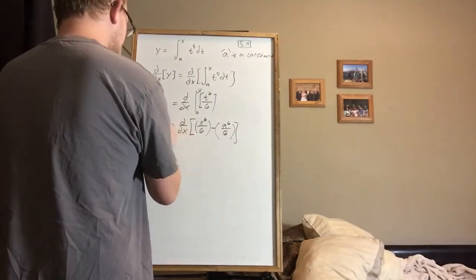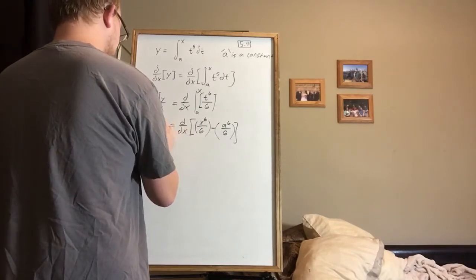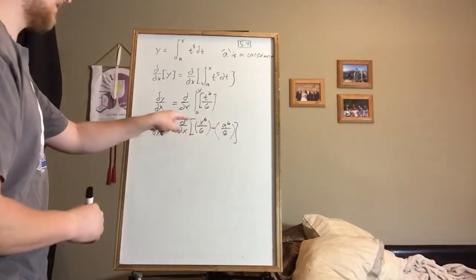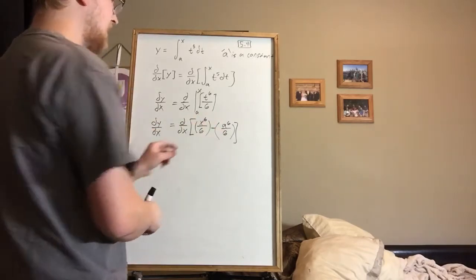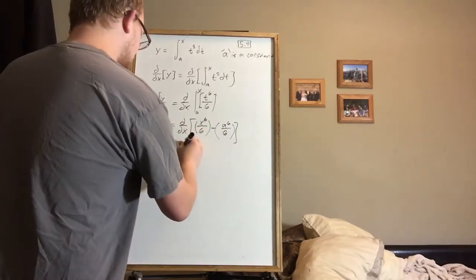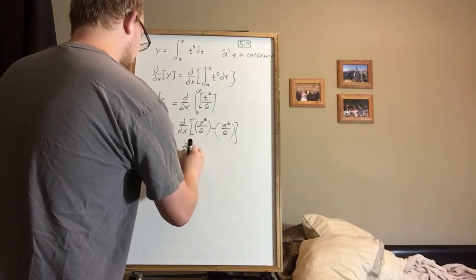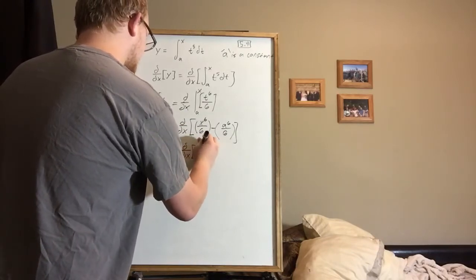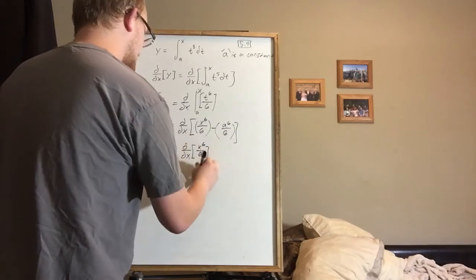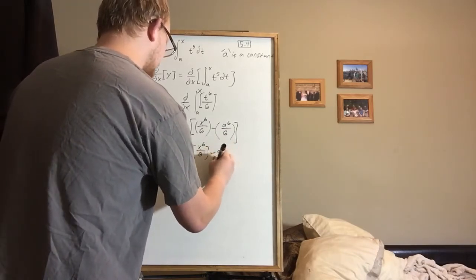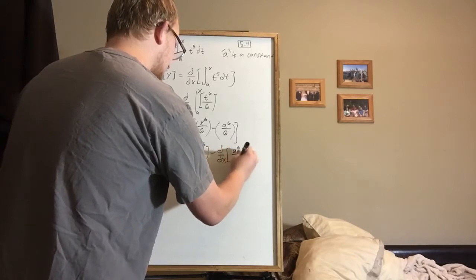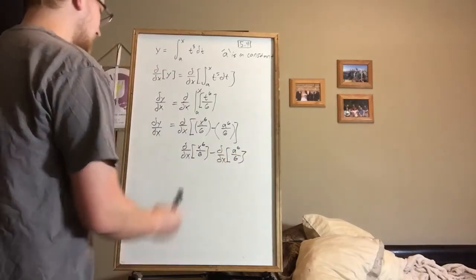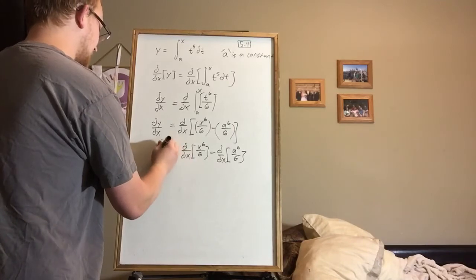So dy dx equals d dx of the first component of our integral minus the second component. Now we can use linearity, and we can write this as d dx of the first component of our integral minus the derivative with respect to x of the second component of our integral, and that's going to equal dy dx.